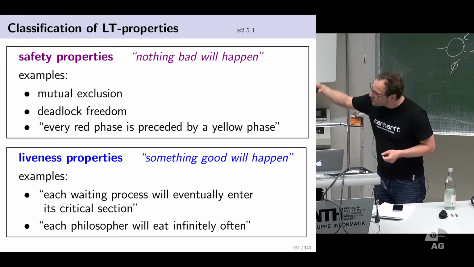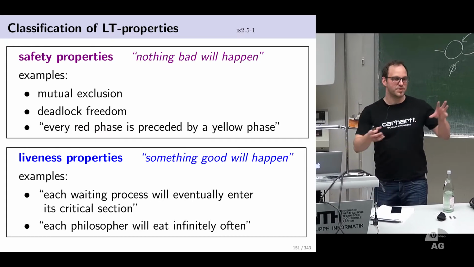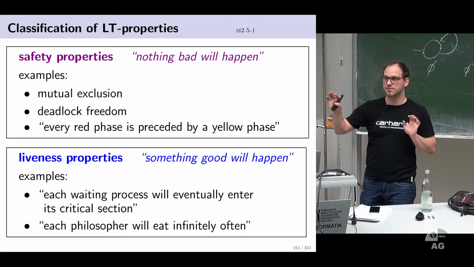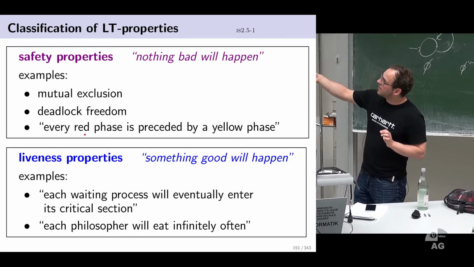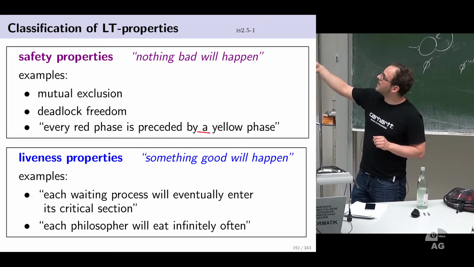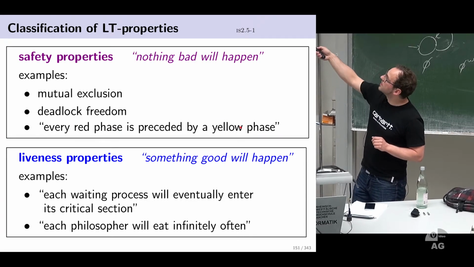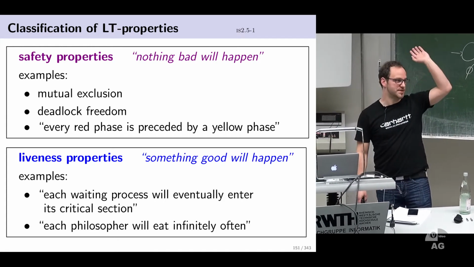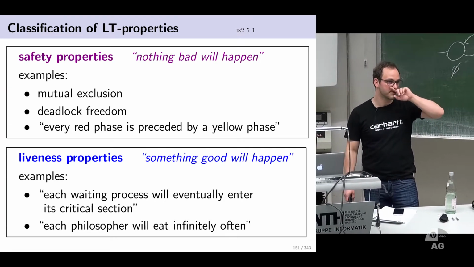And this last one, it's somehow different, right? Because it somehow relates different states of my transition system. In one state, I have, for example, the atomic proposition red holding, and then I need to reason that it was preceded by yellow in some predecessor state or something like this, okay?